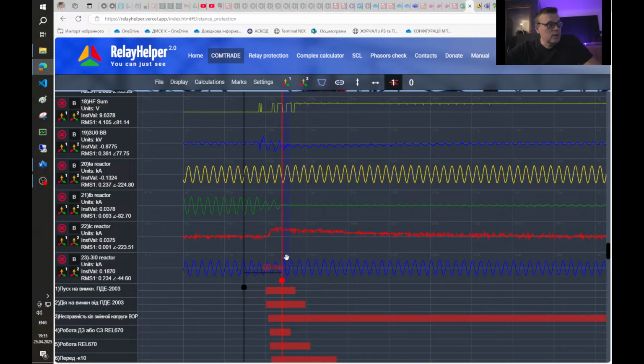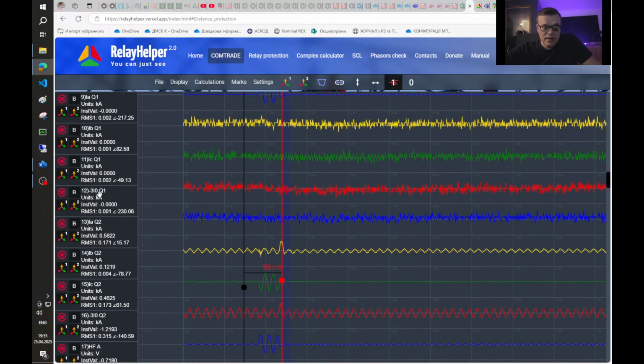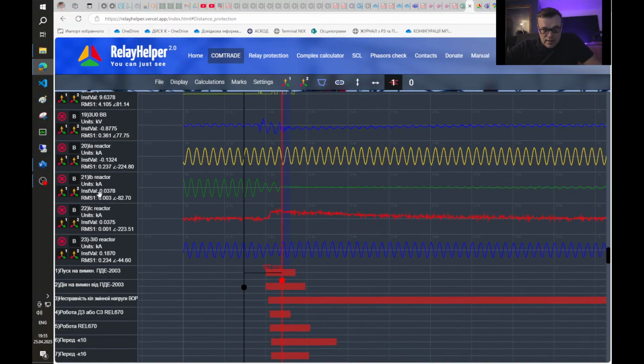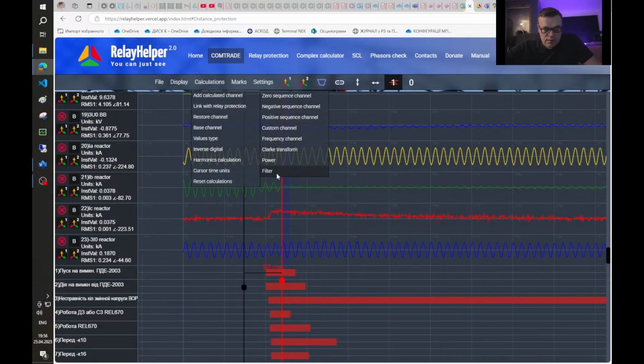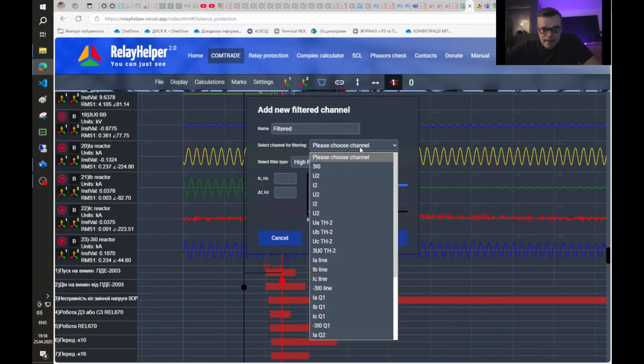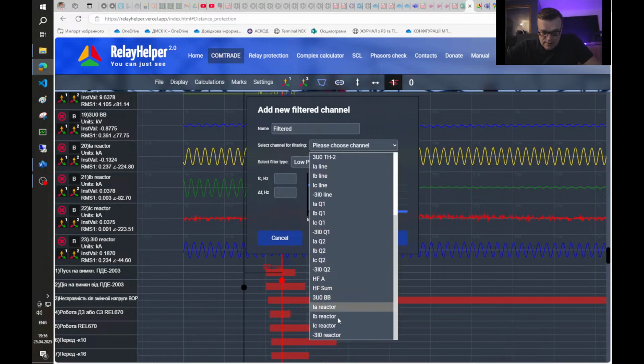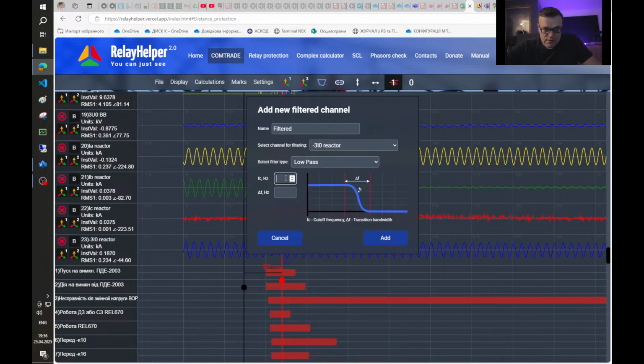And when this DC component is gone, we can determine that the arc also went out. So let's just filter this zero sequence current and look at the DC components. We need a low pass filter. Let's select zero sequence current 30, and here let's make 10.